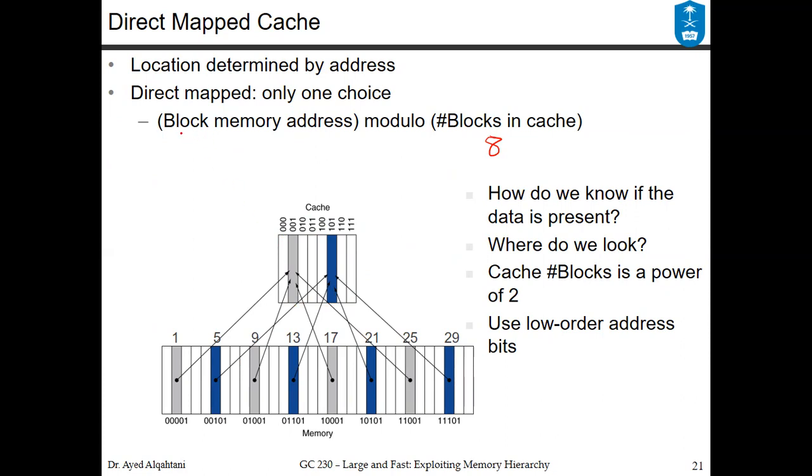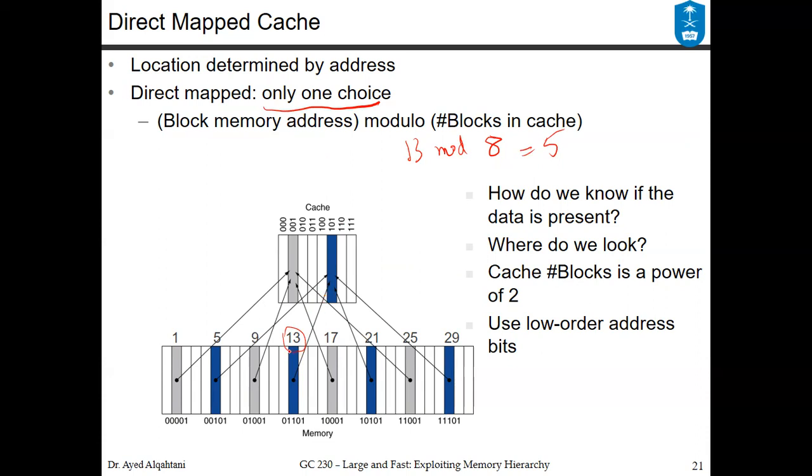And you have a block memory address based on the addresses that you can see, the numbers right there. So let's take one of them. If we are taking 13, for example, 13 mod 8 is equal to 5, which means 13 is mapped to a single location, as we said here. It has only one choice inside the cache, which is here.